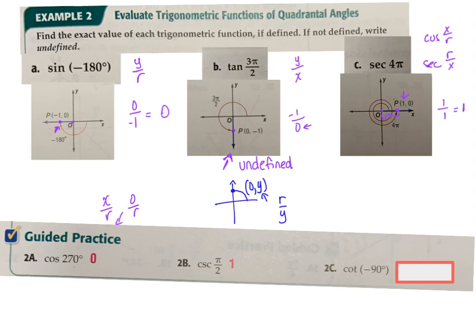All right? Let's look at negative 90. Negative 90 is right here. What's my x value at negative 90? On the y-axis it is 0. And then I have a y value. What's my cotangent? Cotangent is x over y.